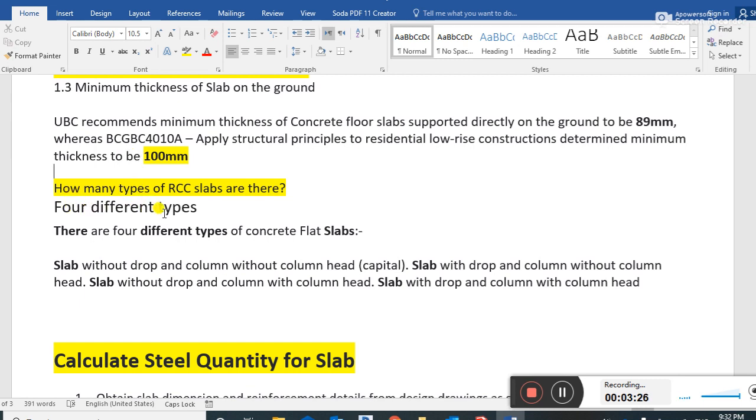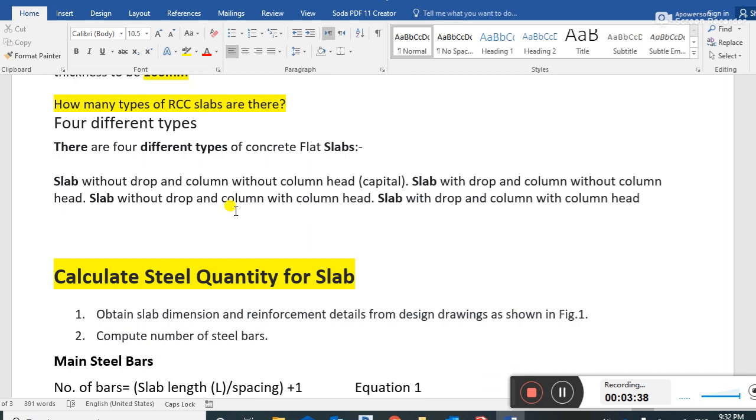How many types of RCC slabs are there? We have 4 different types of concrete flat slabs. Slab without drop and column without column head or capital.